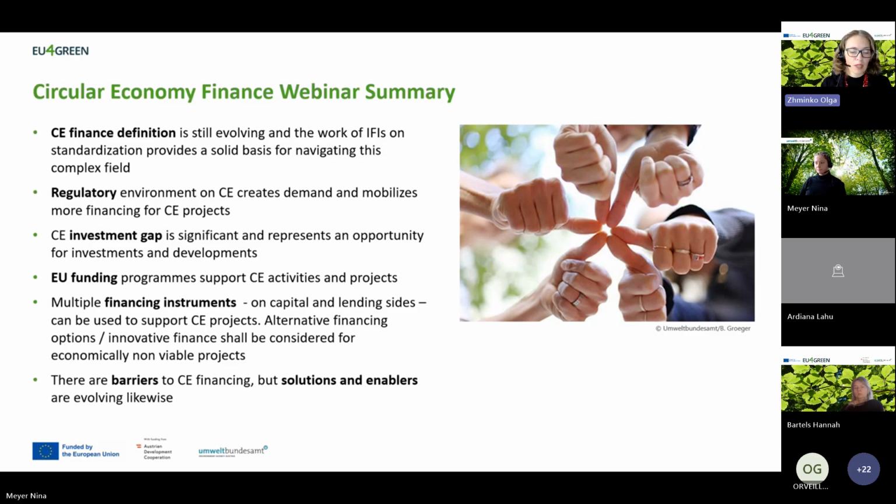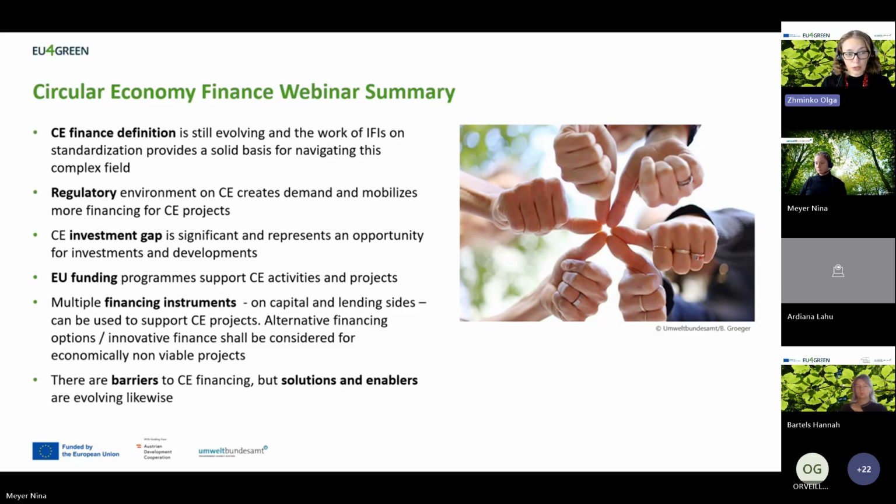However, there is no dedicated circular economy program or instrument developed. There are multiple financial instruments, as the review provided by my colleagues on the capital market and lending side showed, and all of them can be used for circular economy projects. And alternative financing options, innovative finance, should be considered in case of economically non-viable projects.